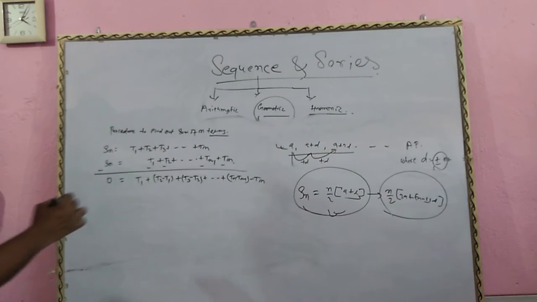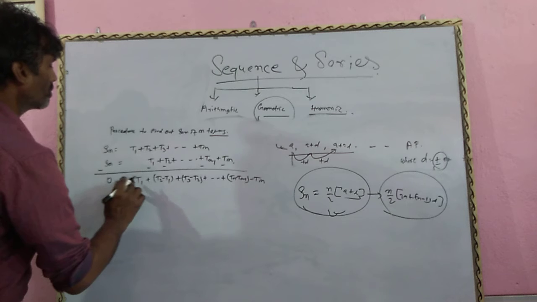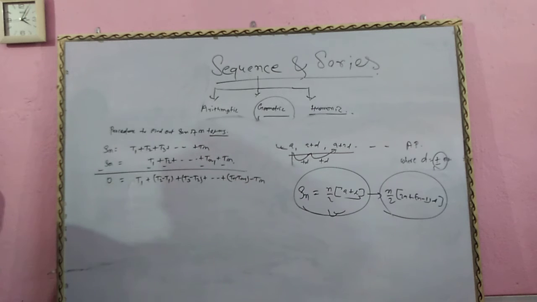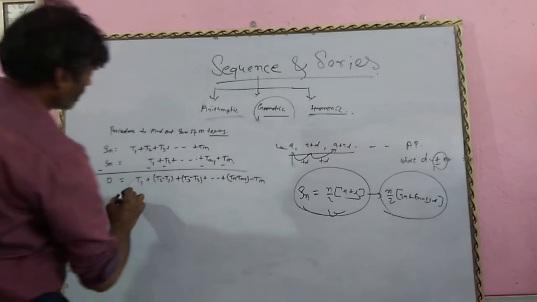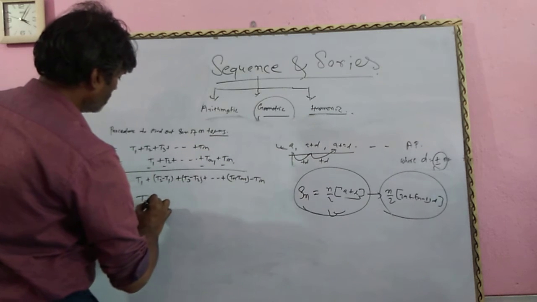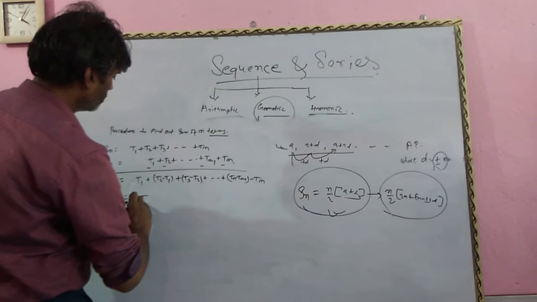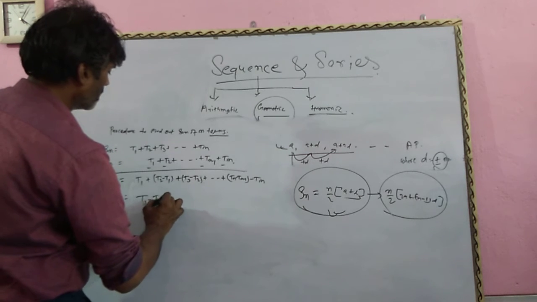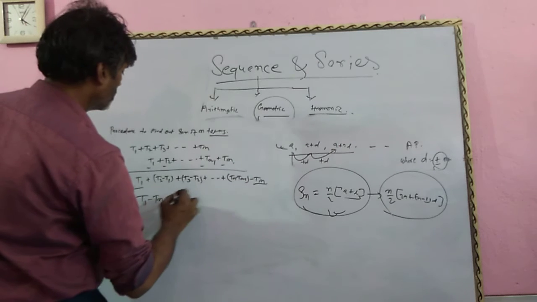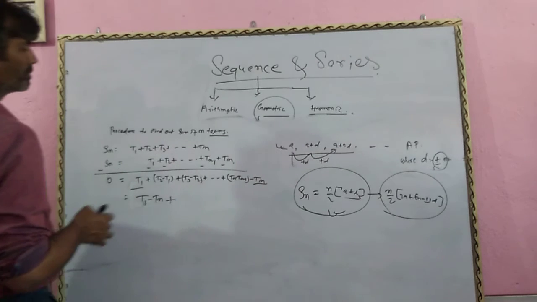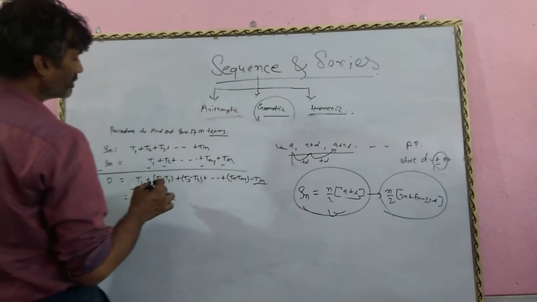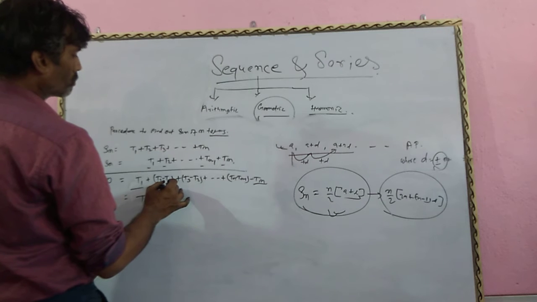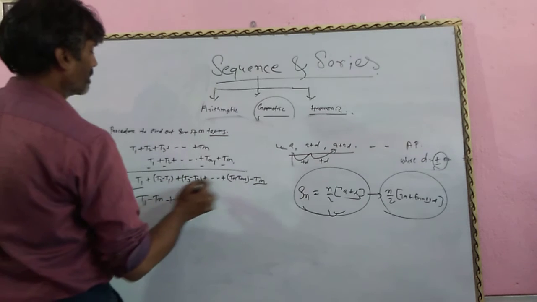Then what do you get? T1 minus Tn plus the terms from 1 to n minus 1.